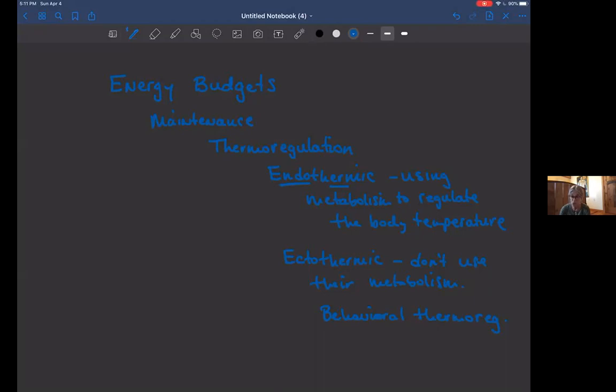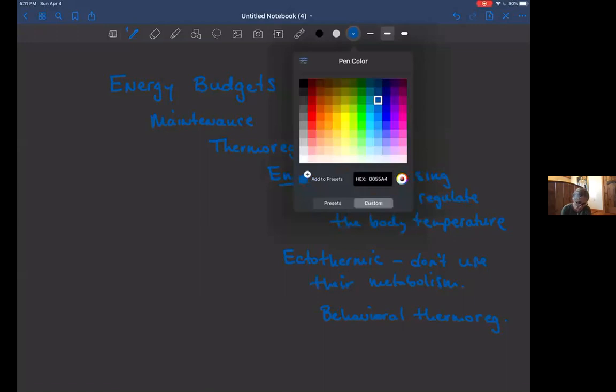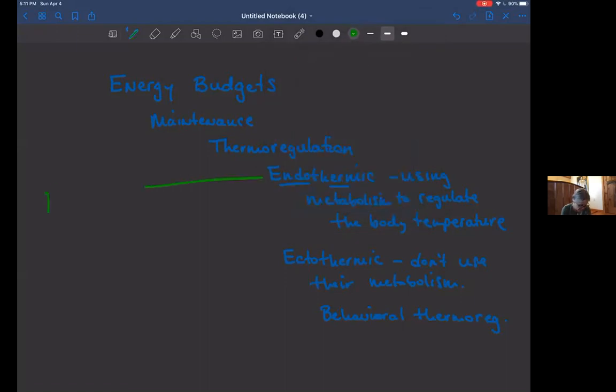Now, related to these two ideas is that endothermic organisms tend to be homeotherms. So I'm going to write this tends to be a homeotherm. That means that their body temperature tends to be relatively constant.